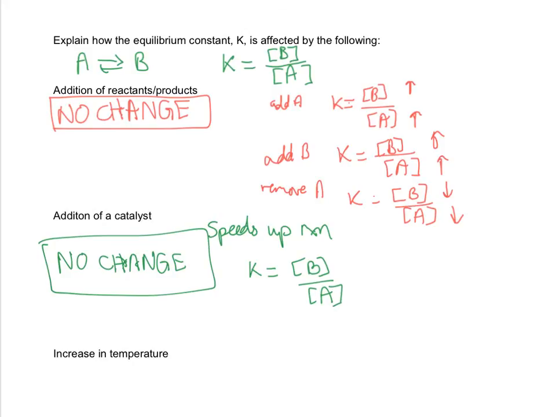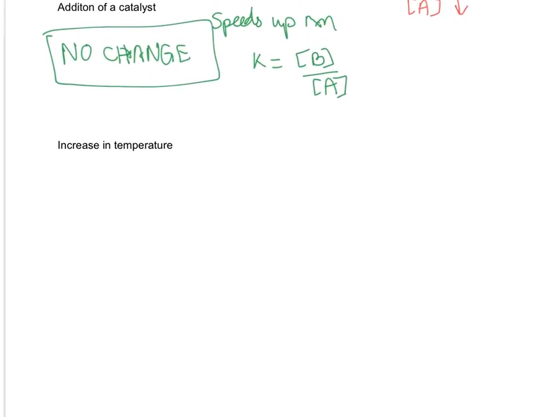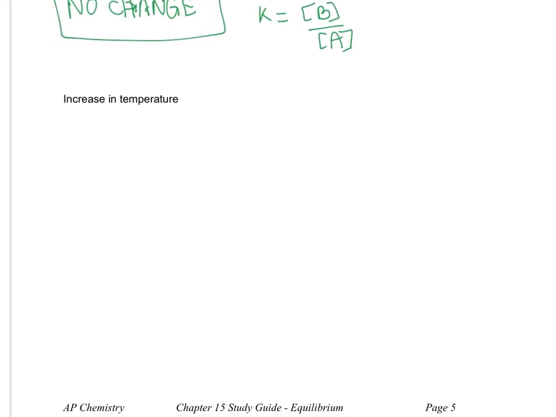The only thing that does affect the value of K is temperature, if I increase or decrease the temperature. So I'm going to change this wording a little bit. I want you to write change in temperature as opposed to increase in temperature. We're going to look at increasing and decreasing the temperature.